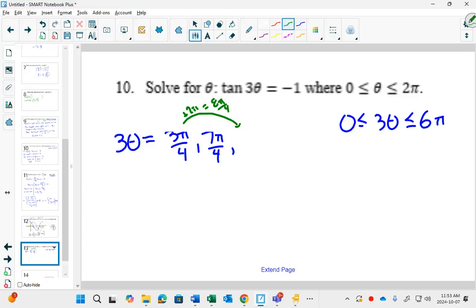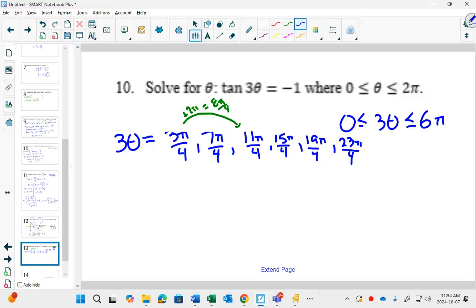And if you had 3 pi over 4 and you added 8 pi over 4, you would get 11 pi over 4. And if you added 8 pi over 4 to 7 pi over 4, you would get 15 pi over 4. That's the second time around. The third time around, if you add 8 pi over 4 again, you'd get 19 pi over 4 and 23 pi over 4.